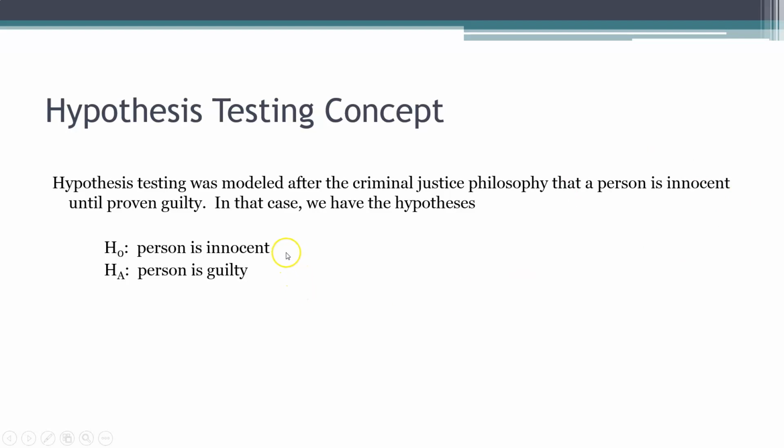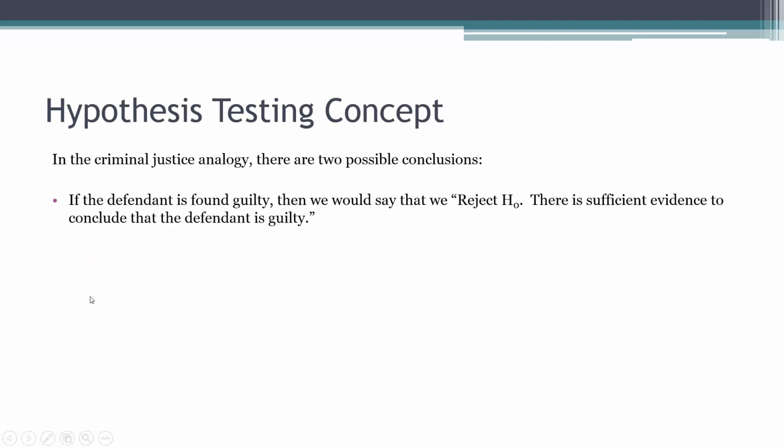So that's where we get these hypotheses of HA, the alternative hypothesis, being the thing we want to test, the thing we're trying to demonstrate, versus H naught being the thing that we have to assume unless we can find enough evidence in favor of the alternative hypothesis. All right, so we assume H naught unless or until we can show HA.